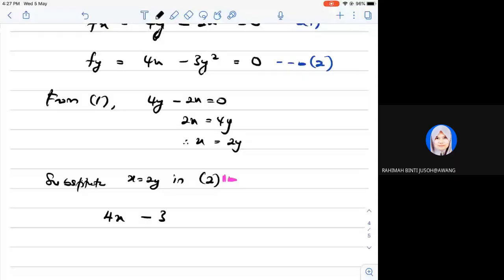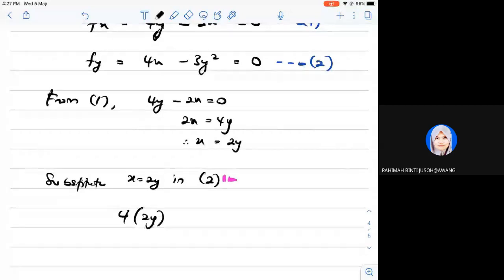We will have 4x minus 3y squared. Kita kena gantikan x equals to 2y. So 4x akan jadi 4 times 2y like this.